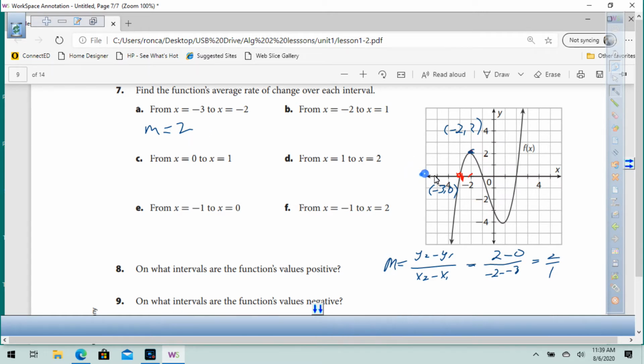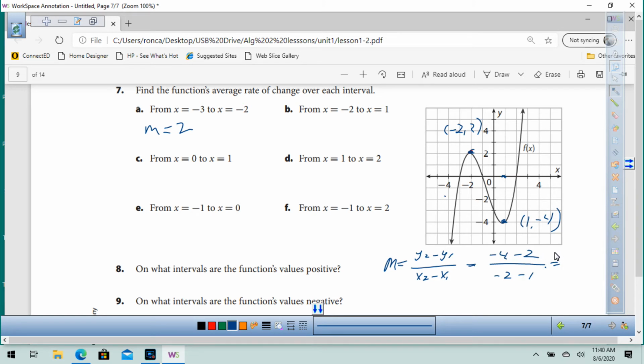All right, let's try it from negative 2 to 1. One's right there, so what is this point here? That's going to be 1, negative 4. Well, we'll use the same formula. Negative 4 minus 2 over negative 2 minus 1.